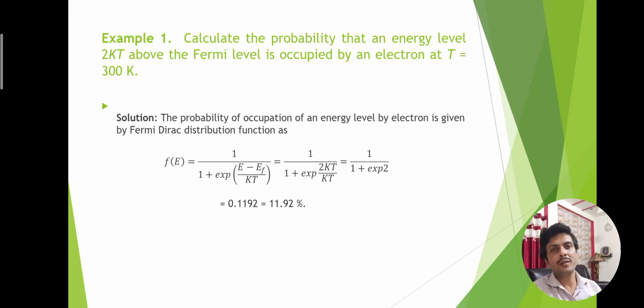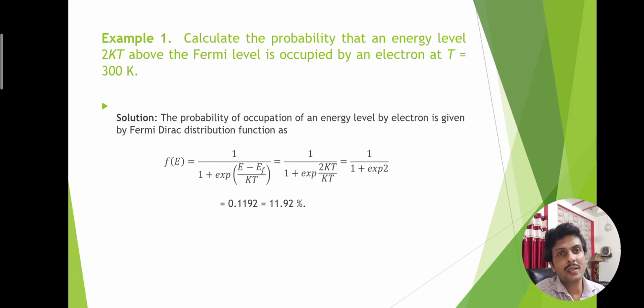So T equal to 300 Kelvin is the ambient temperature. At this temperature, we have to calculate the probability that an energy level that is 2 kT above the Fermi level is occupied. So we have to calculate the probability.